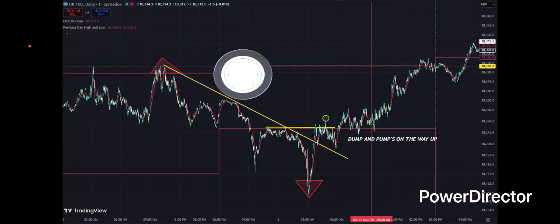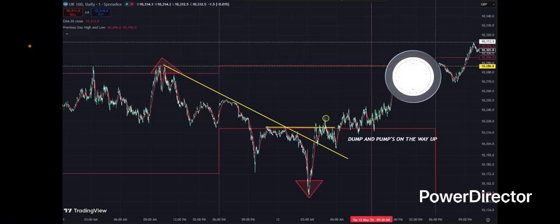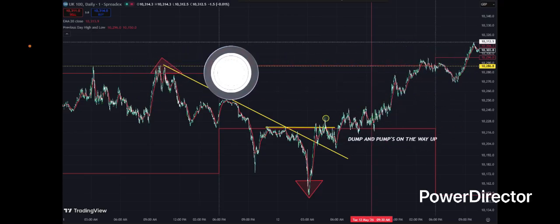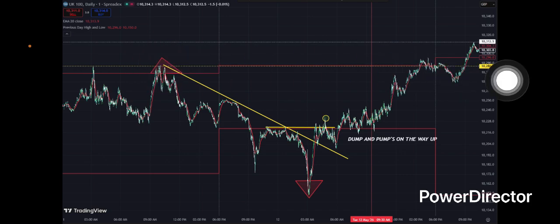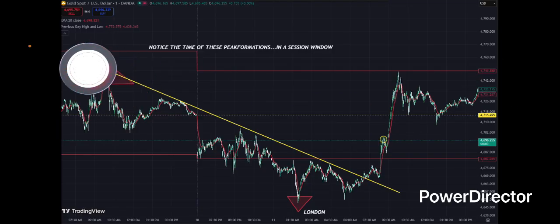We always want to identify that initial peak formation that starts the dump because that's going to be our target on the way up. So we'd be getting in the market here and targeting that level. Now notice again the time of these peak formations, okay? They are occurring in a session window.